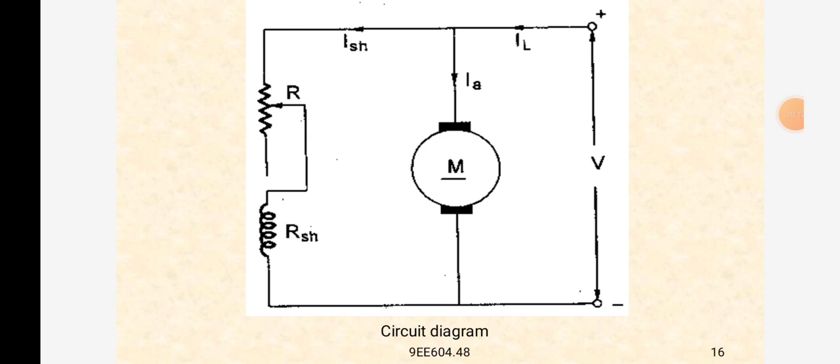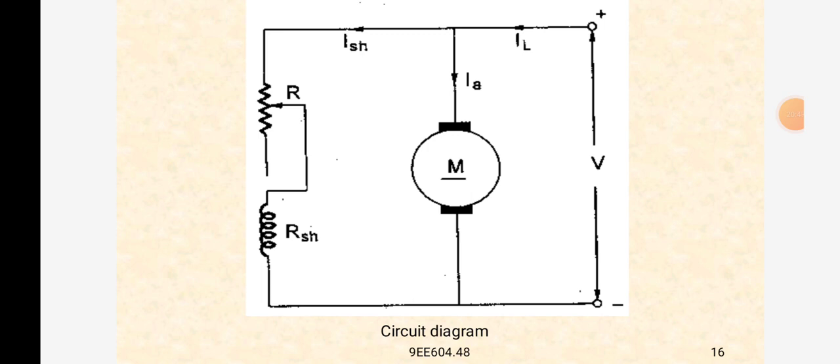We know that the speed of the motor is inversely proportional to 1 by flux, as we already discussed. So the flux of a DC motor can be changed by varying the shunt current ISH with the help of the shunt field variable resistance.